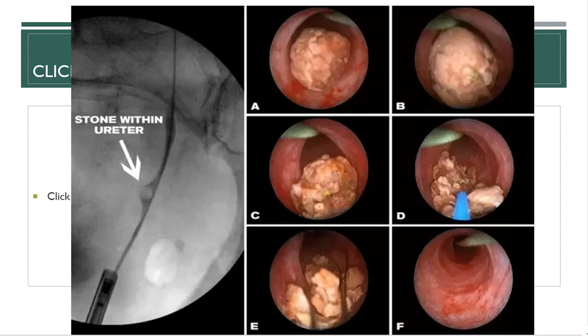Here's an actual picture of a kidney stone. What you're seeing on the right-hand side of the screen are just different images of the stone, and you can see how jagged and rough this stone is. So surgically, they can actually go in and remove this stone out of there. Or they have a number of different procedures.